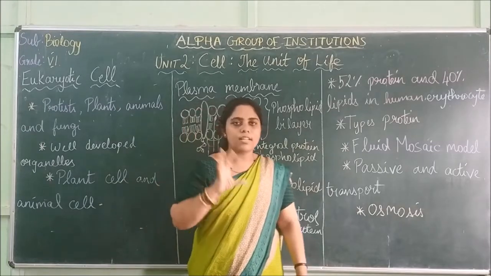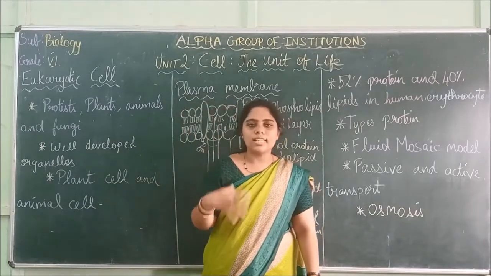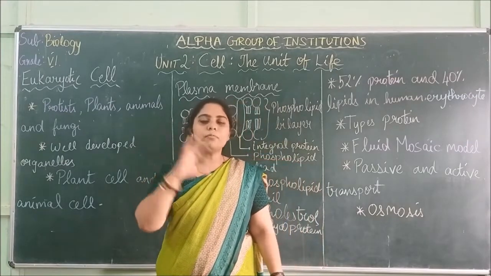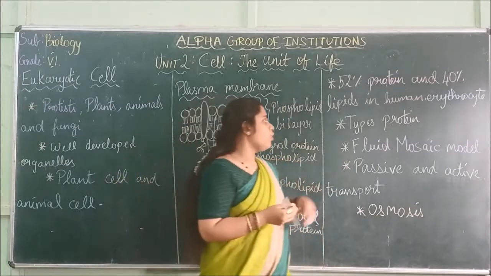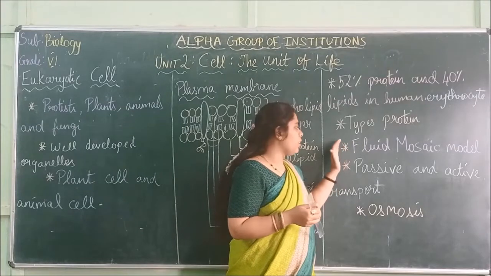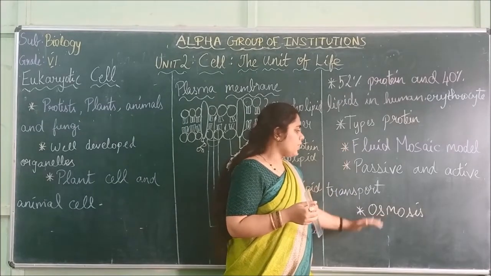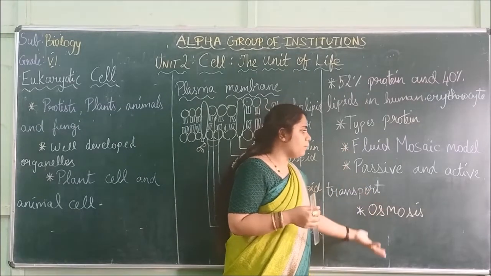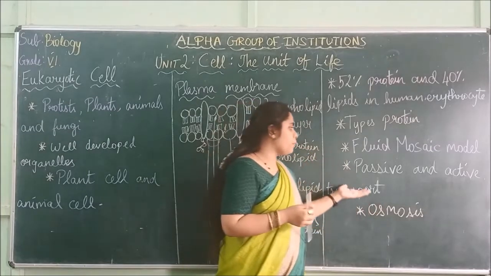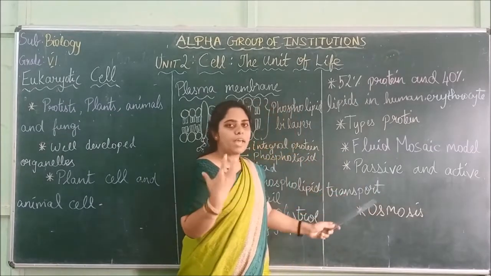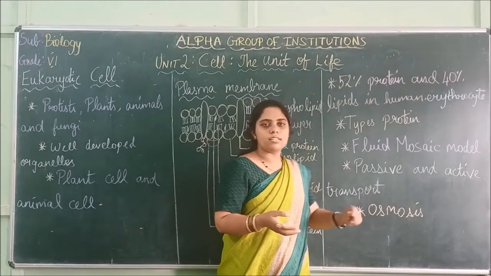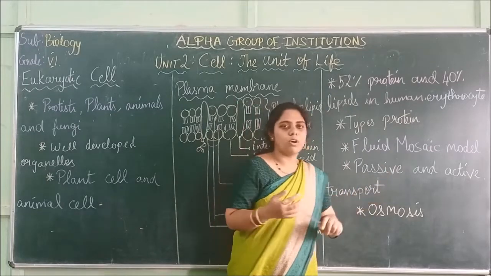It has some restrictions. So studies have been made on the movement of elements alone, and the results of those researches have come. That is why we are learning about osmosis, passive transport, active transport and all these things, also the fluid mosaic model.